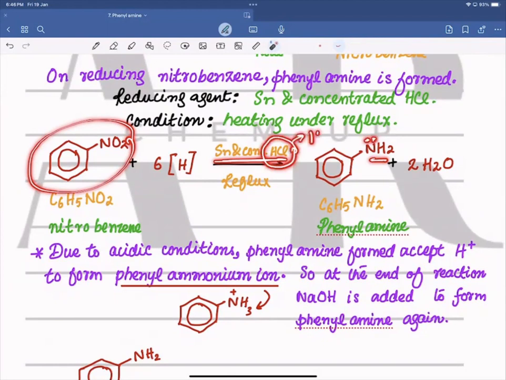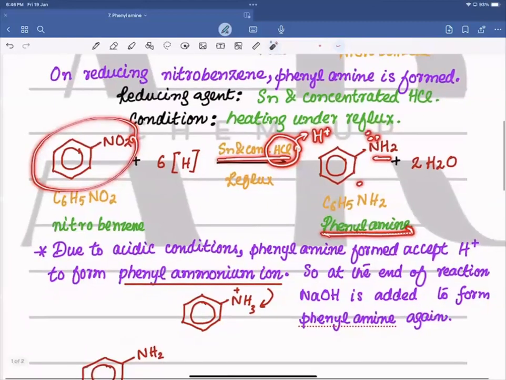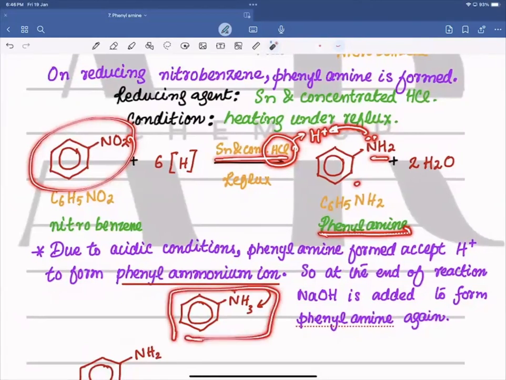Acid produces excess hydrogen ions. So phenylamine is actually forming in acidic medium. So what it will do is accept this hydrogen ion and turn into this thing. So hydrogen from HCl will combine, from the acid. Then we will have chloride ions left, and obviously chloride ions are the spectator ions.